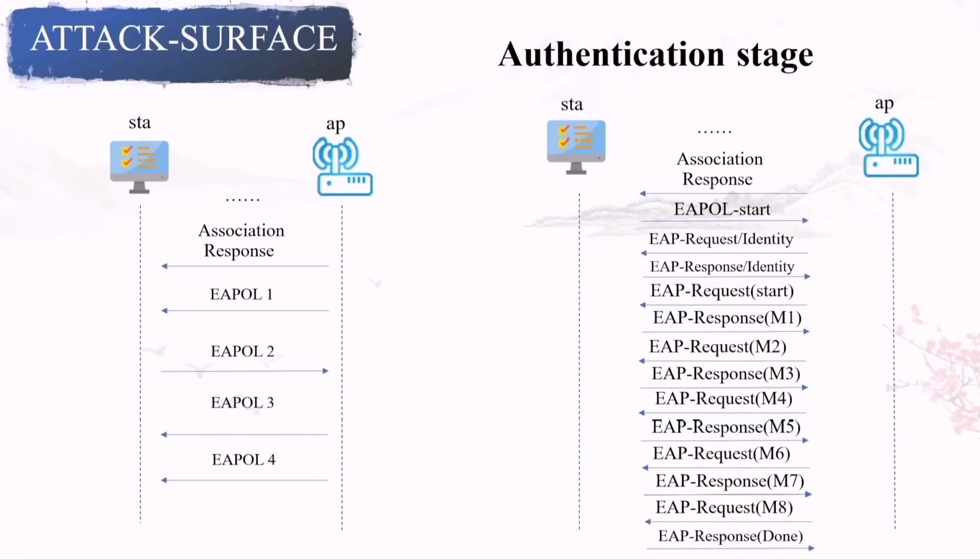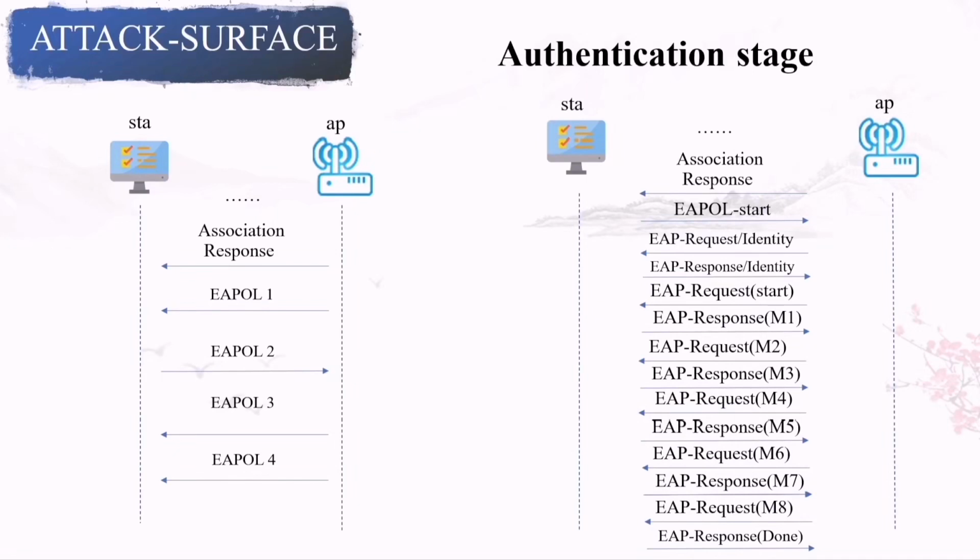Wi-Fi authentication stage. This doesn't refer to the interaction of authentication frames, but the actual verification of the password information of the station device. Other authentication methods, such as WPA2, use the four-way handshake of EAPOL packets.